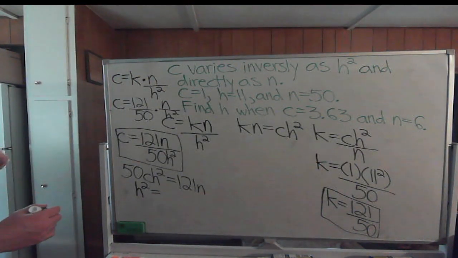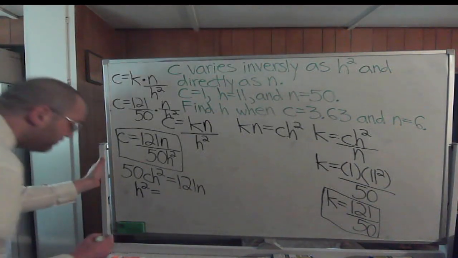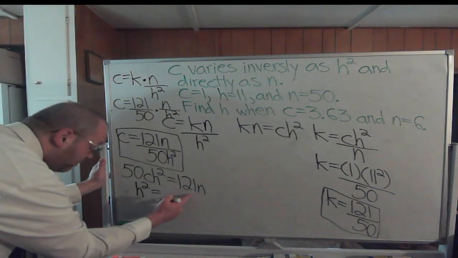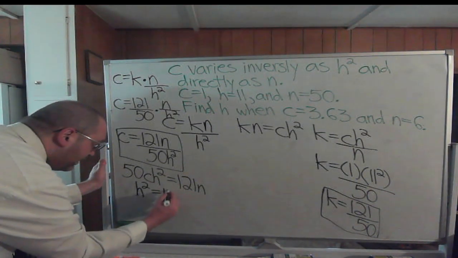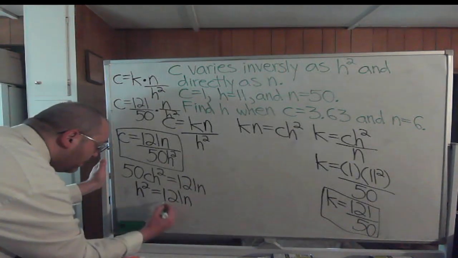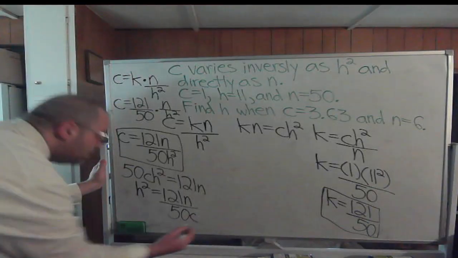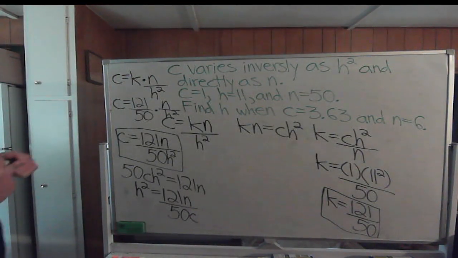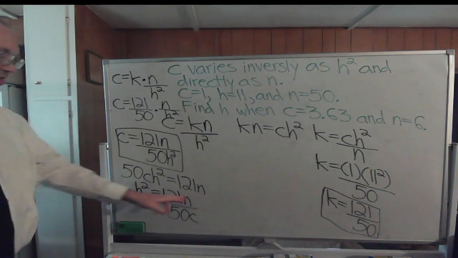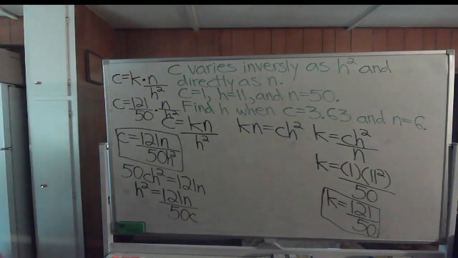That'll be equal to, let's see, 121n over 50c. So what you'll have now is h squared equals 121n over 50c.